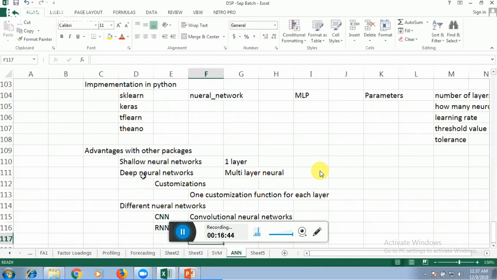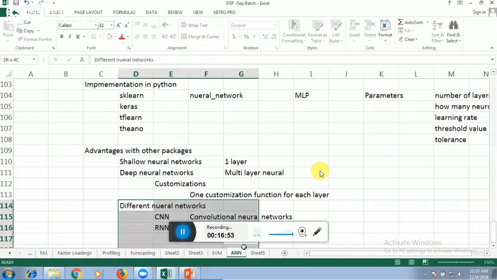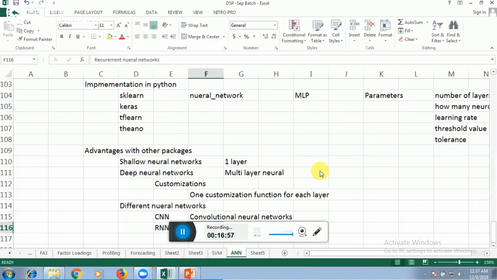Under recurrent, there are also multiple methods like LSTM, long short-term memory neural networks. Like this, there are different neural networks based on the mechanism of estimation of your weights and calculation. Right now, the estimation we used is a simple error function and corrections, but the estimation process can be done in a different manner.